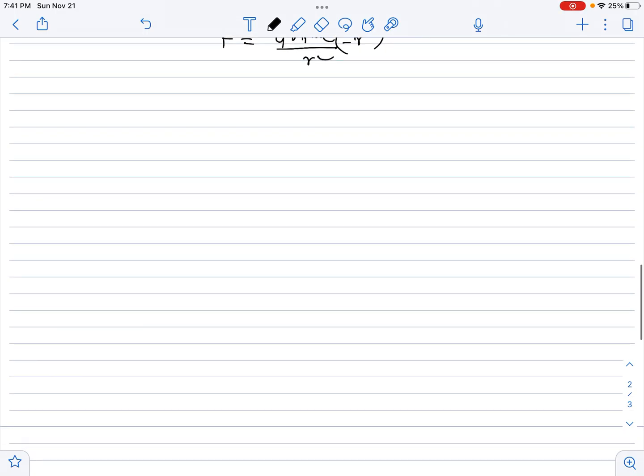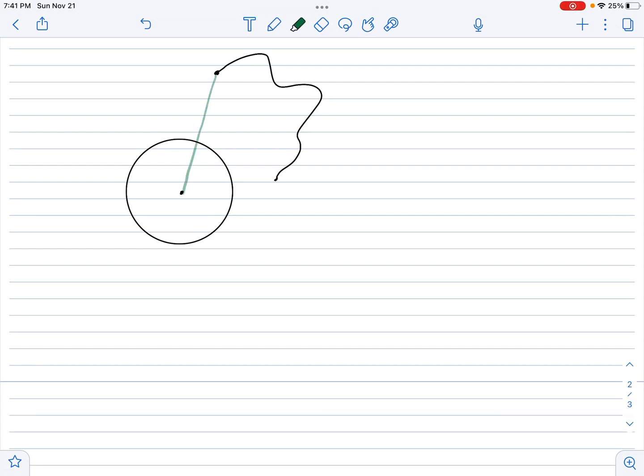If I assume the earth, because the outer part of the earth behaves like a point mass, this is your distance, and you are moving in some orbit from this point to this point. Initially this point is at some distance r1 from the center, and this point is at some distance r2 from the center.